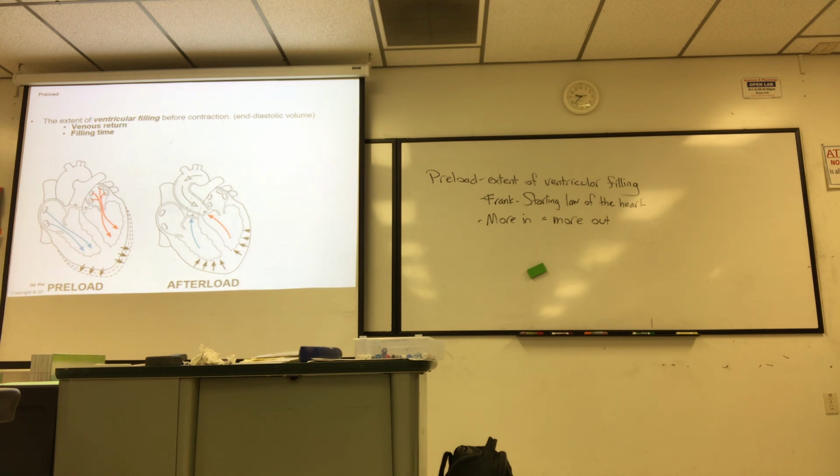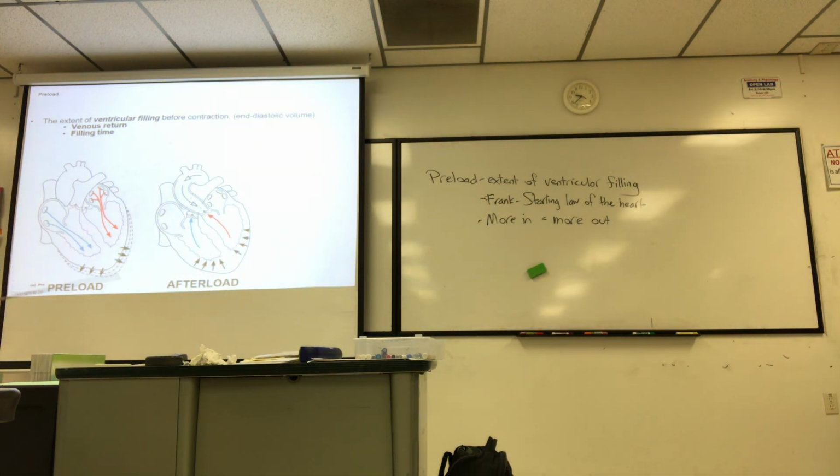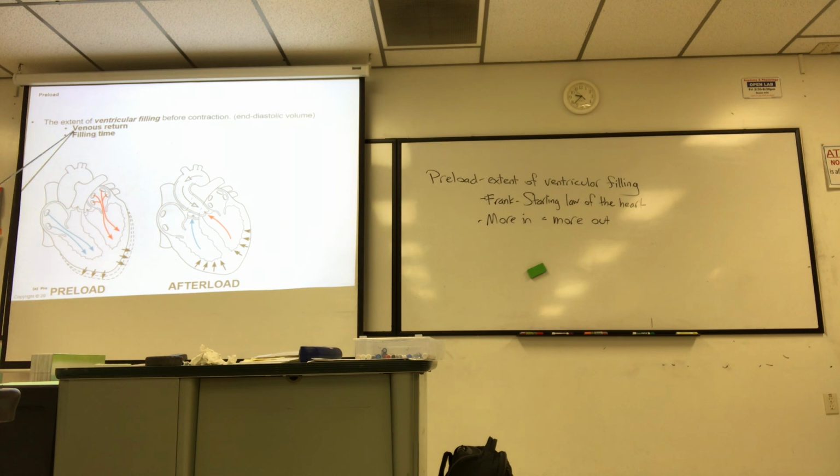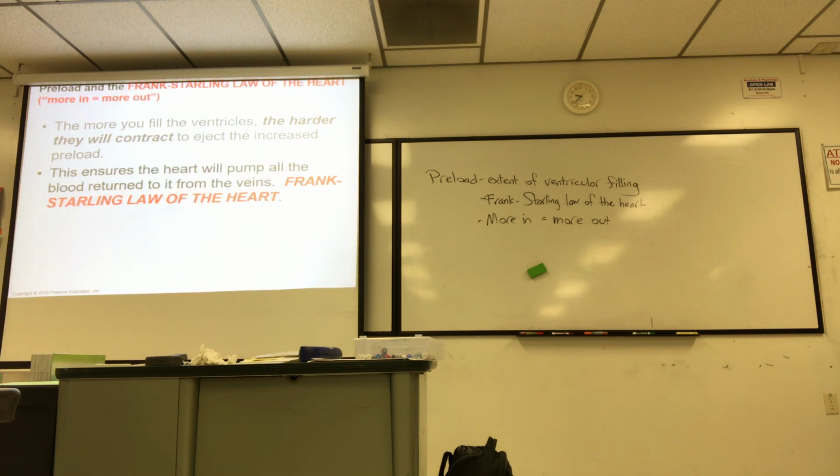If one of them increases its output, say the right heart increases its output for whatever reason, it goes to the lungs, comes back to the left side of the heart, you're increasing the return there. So then by Frank-Starling forces, this is going to increase because you're stretching it more. So that way they can keep up with each other. You ensure that the cardiac output is equal.